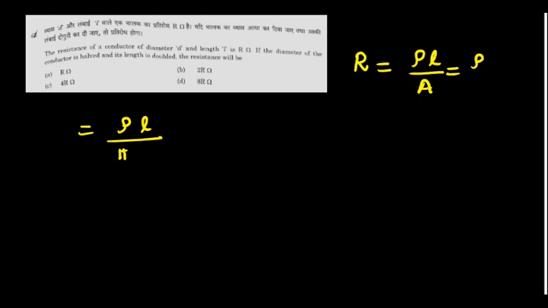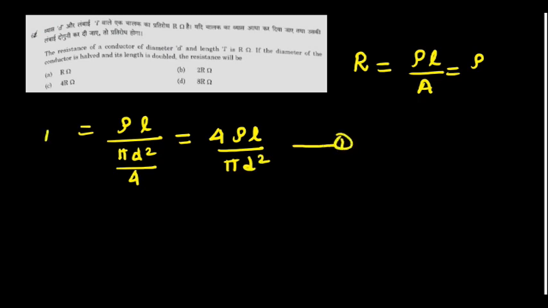R equals rho L upon A. The same thing we can write as rho L upon pi d square upon 4. If you simplify, it comes 4 rho L upon pi d square.